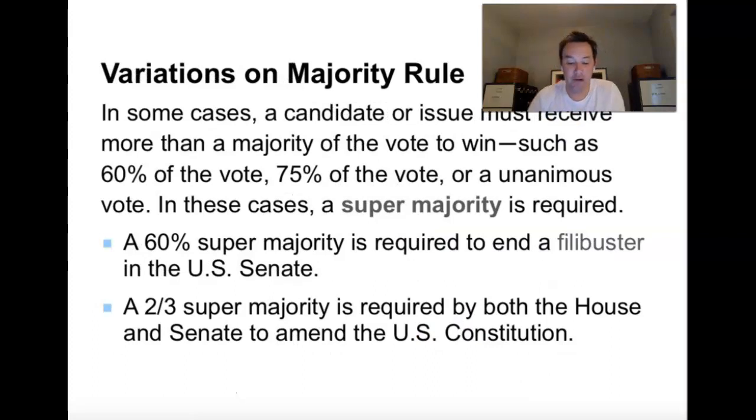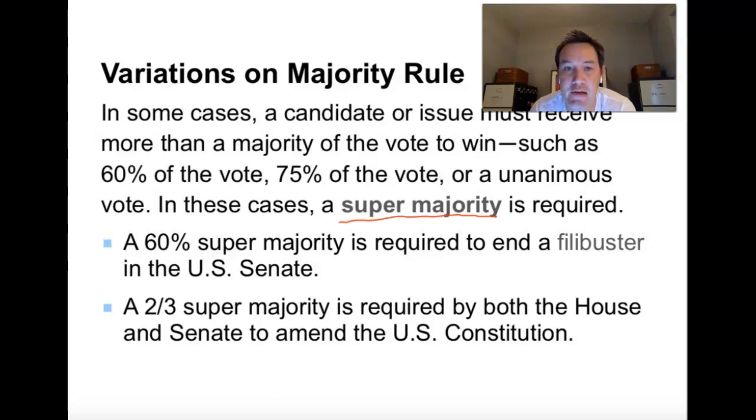All right, so there are a few variations on the majority rule. There's something called a supermajority, and that's when more than a majority, so more than 50%, is required to end the election. A couple examples of that. A 60% supermajority is required to end a filibuster in the U.S. Senate.